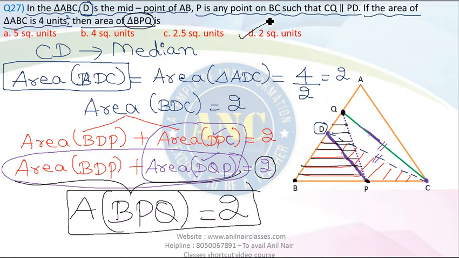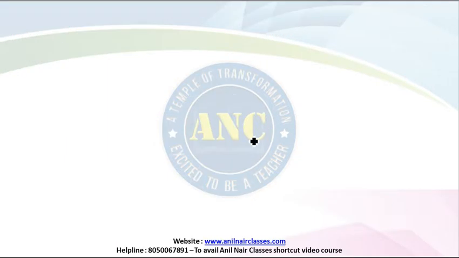Again I am repeating the important key point. If two triangles are drawn on the same base and between the same pair of parallel lines, then those two triangles will have the same area. There is a triangle called DPC. Let me draw it in the next screen.